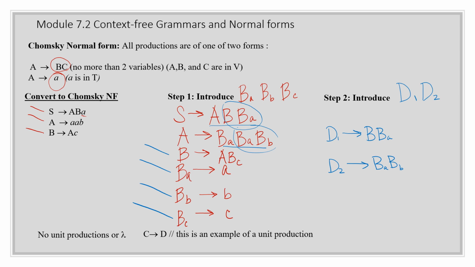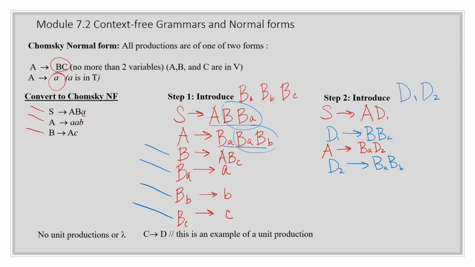You just need to make sure that you have a single variable on the left and no more than two variables on the right. So then we can use substitution here. So we have S, we keep the A, but then we have D1. So then D1 is going to go to B sub B, B sub A. And then also for our production with the A, we keep B sub A, but then we have D sub 2.